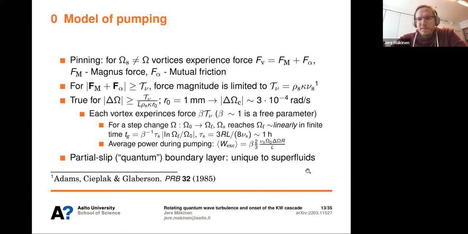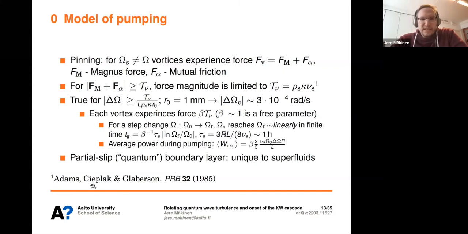Okay, so I think it's a good time to talk a little bit about the model of pumping. So what's going on at the center volume? Assume that the vortices are pinned to the center volume, and then you start applying a drive with omega. This characterizes the angular velocity of the vortices or the superfluid flow field. In this case, vortices should experience a force that is the sum of the Magnus force and that of mutual friction.